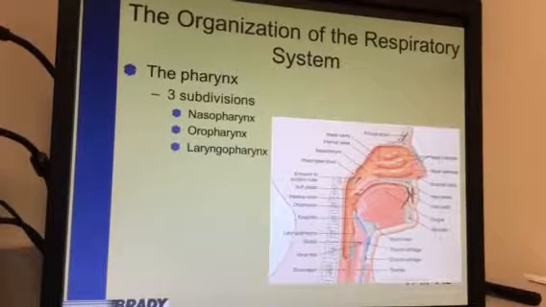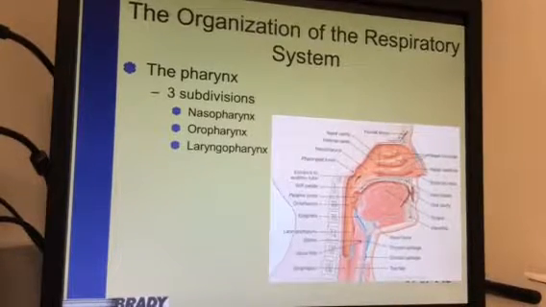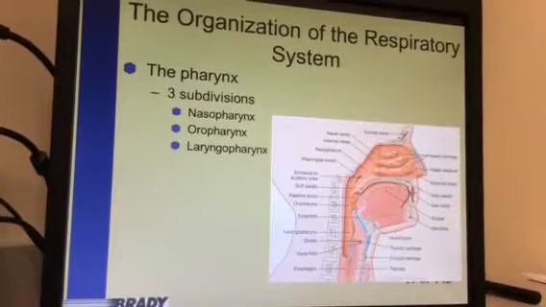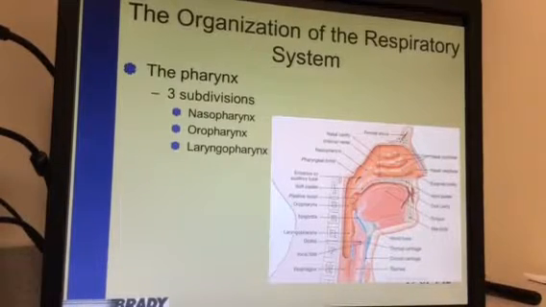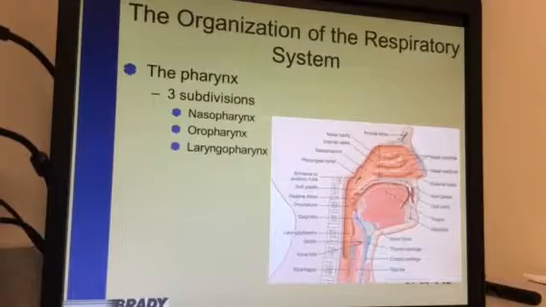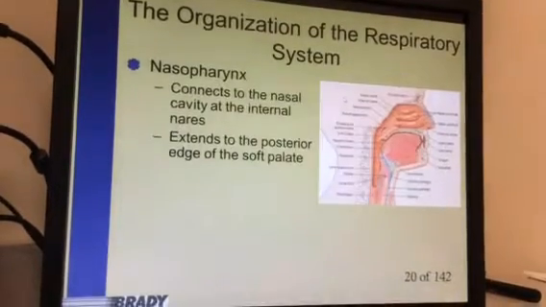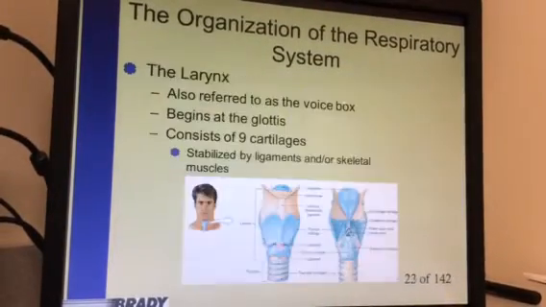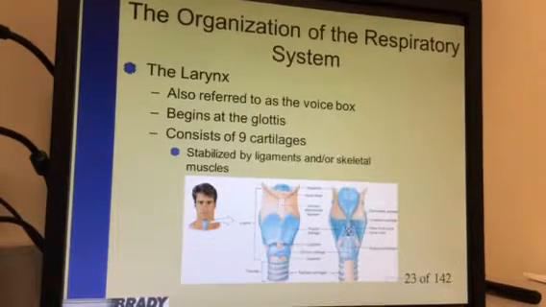And then the three main divisions: we have the nasopharynx, the oropharynx, and then the laryngopharynx. And that's about the most extent I'm going to get into those right now.